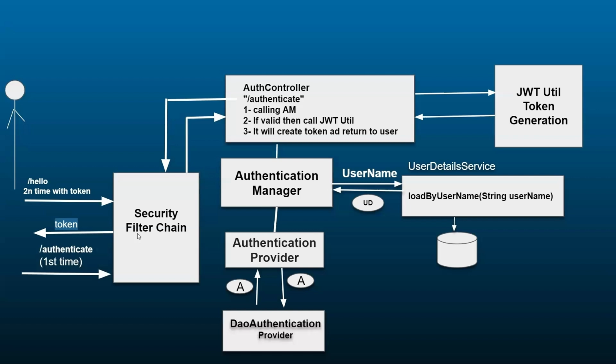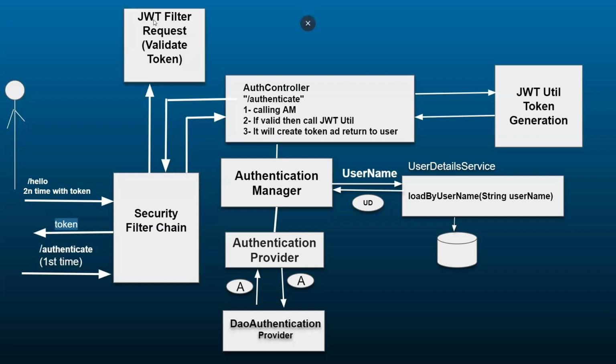Now the filter chain will check that this slash hello API is a secured API. If it is a secured API, it calls another filter, called the JWT filter, and we have to write the logic for the JWT filter. Inside that filter there is logic to validate the token. For validating the token, it will call the JWT util again and pass the token to it, because the JWT util class has the capability to decode and validate it.